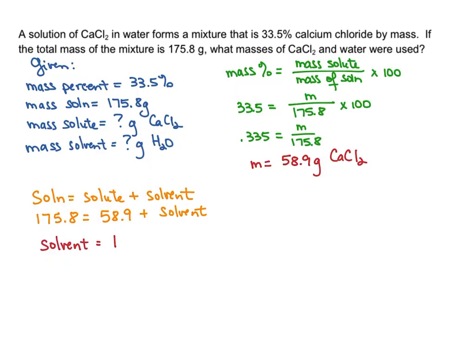So the solvent is 116.9 grams of water. So I was able to solve for calcium chloride and water just by realizing that the calcium chloride is my solute and water is my solvent. Let's take a look at another example.